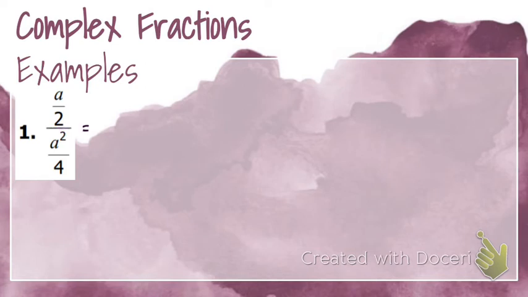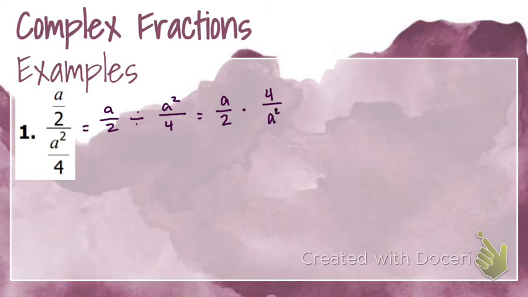So we're going to rewrite this as a over 2 divided by a squared over 4. Now, suddenly, this looks exactly like problems we've already done. When we divide fractions, we multiply by the reciprocal. So we keep the first part the same, change it to multiplication, and flip the second one.